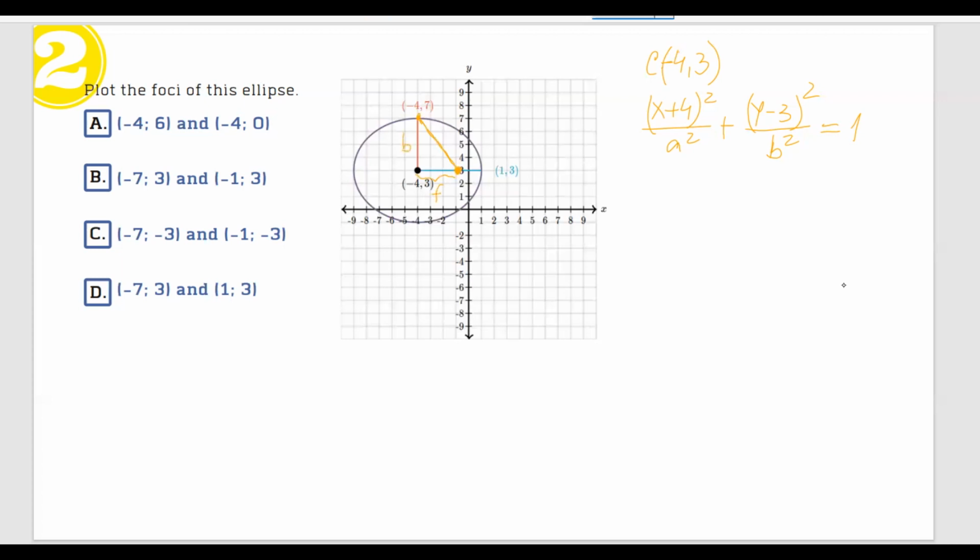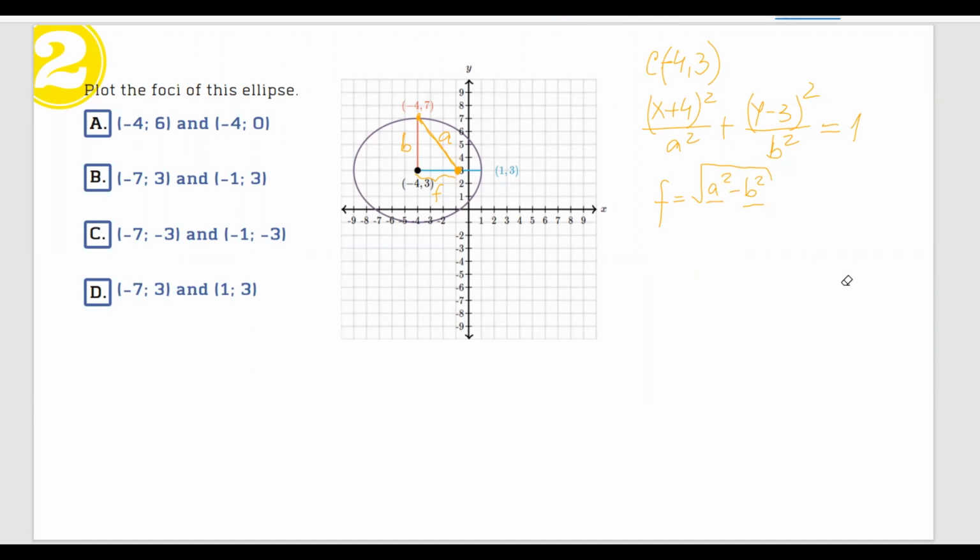This is B, and I know that this is A. So the focal distance is going to be equal to square root of a squared minus b squared. I'm just using the Pythagorean theorem and all the things we've learned before. So we have to calculate A and B. Calculating A and B is just a matter of using the distance formula if you have the 2 points.